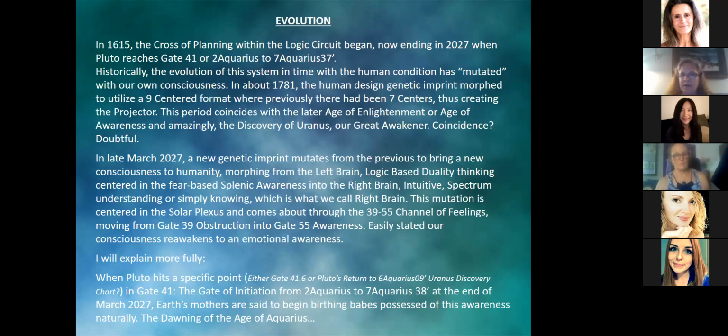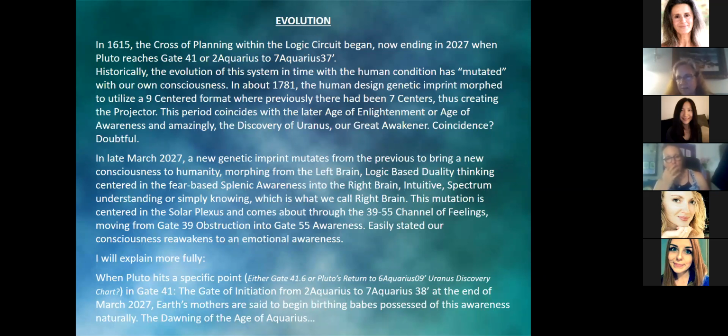begins to happen. We went from 1615 being a 7-centered body graph plan into a 9-centered plan, and having those 9 centers, it coincides with the discovery of Uranus, and it's in the end time of the Age of Enlightenment, or the Age of Awareness, right? I don't think it's such a coincidence.